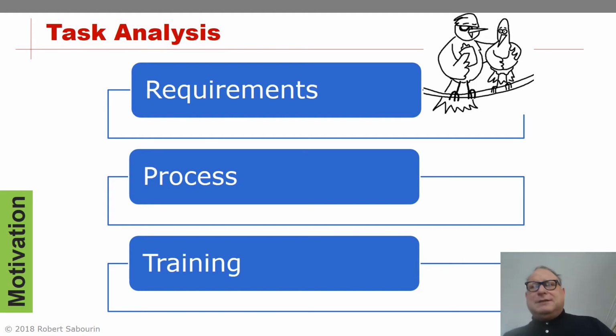In task analysis, I will elicit requirements. So I will interview people who are customers, users, consumers, business stakeholders, project managers, product owners, and I will interview them about what is the project required to do.